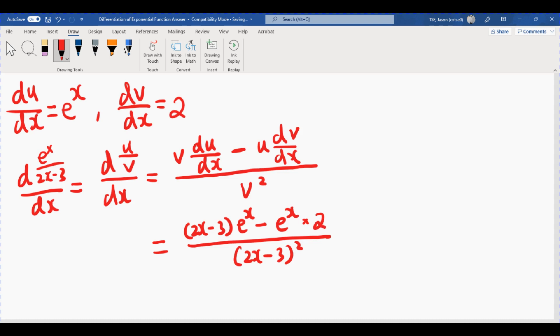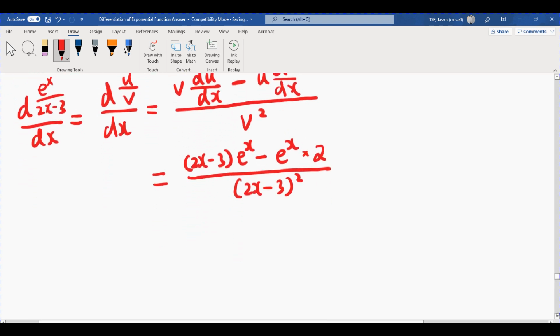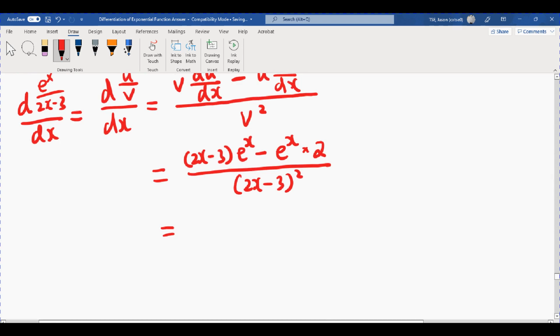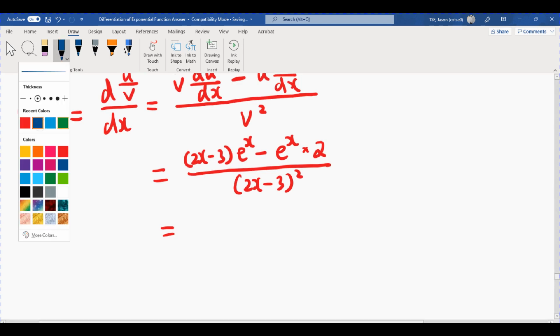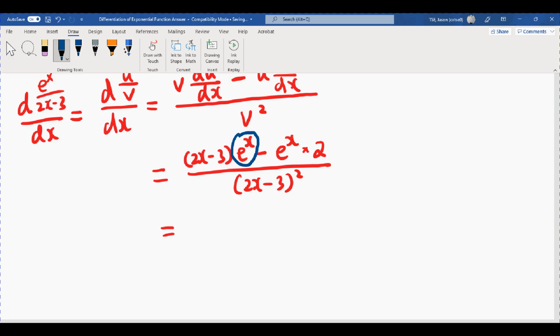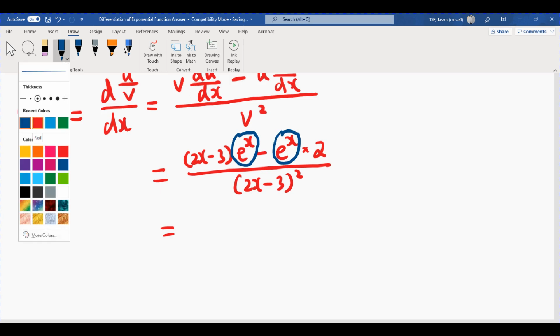Because you've done the derivative, here you would like to do some taking out of common factors.